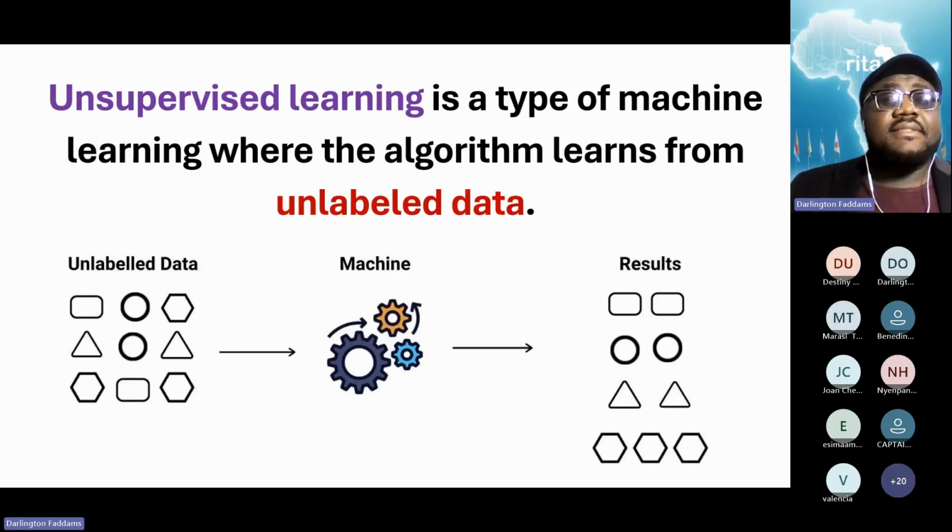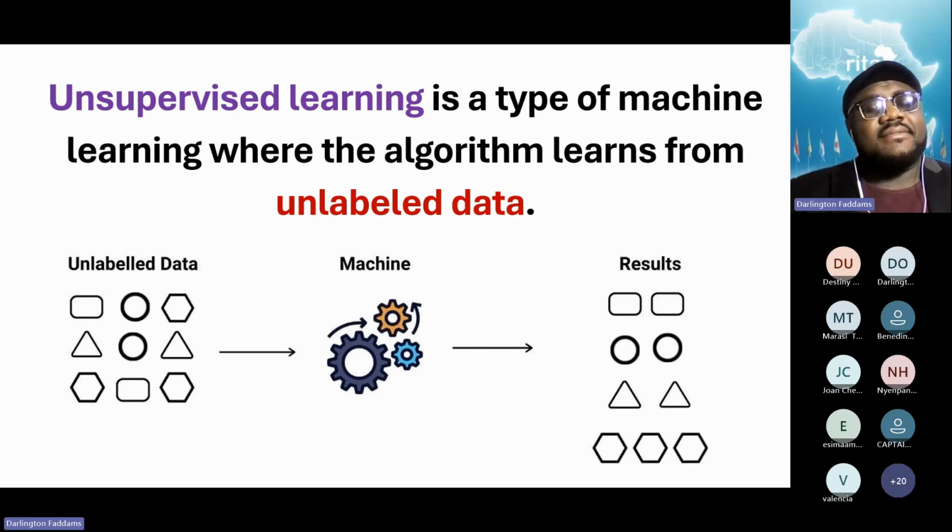Let's look at it. Unsupervised learning is a type of machine learning where the algorithm learns from unlabeled data. This is interesting. It learns from what? Let me know in the chat if you can see this.